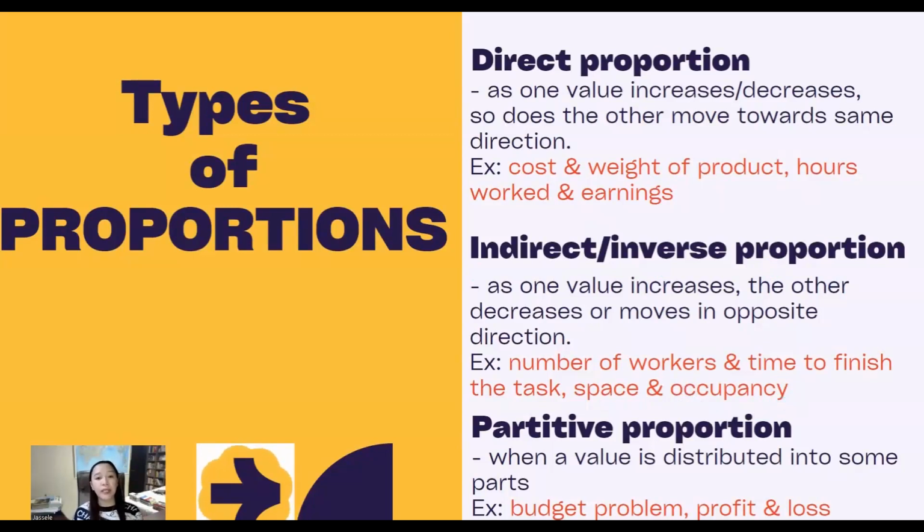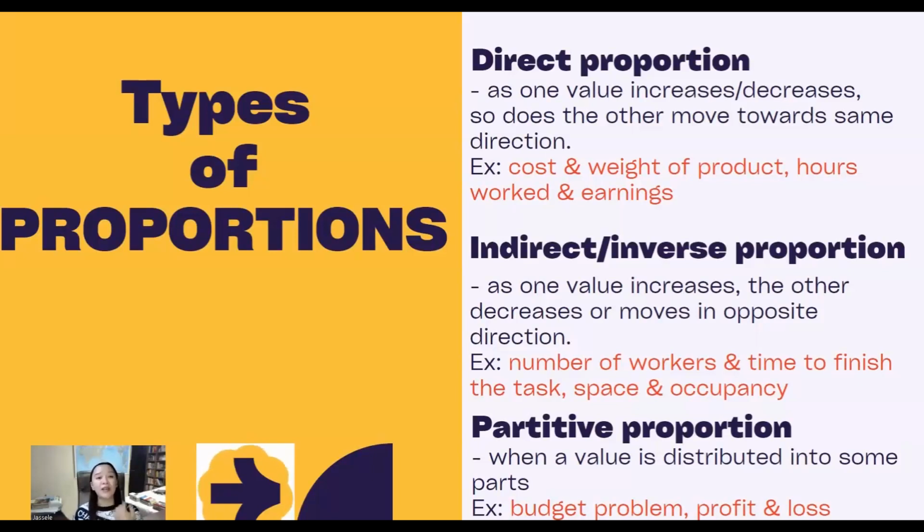Of course, kapag mas marami kang space or paupahan, kung mas maraming paupahan na currently occupied, of course, mas kakaunti yung bakante na pwedeng i-offer for occupancy. So, it's an opposite around. Mas maraming space na occupied, mas kakaunti yung pwedeng i-occupy ng mga naghahanap ng rent.